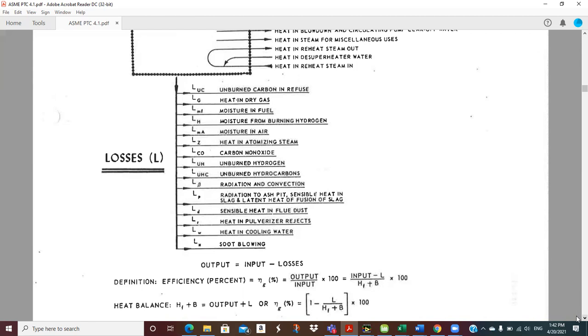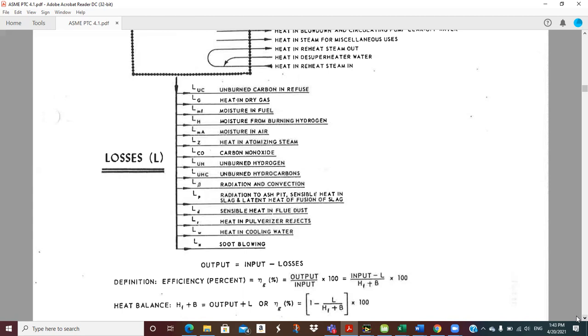Maybe 30, 40, 50 BTUs a pound, and it's leaving at 1,000 BTUs a pound, that's a pretty good energy loss. So moisture in the fuel represents an energy loss because it's going to go up the stack in the vapor form. Unless, in industry, we have what we call condensing economizers and things like that, but they don't put those on power plants that I'm aware of.